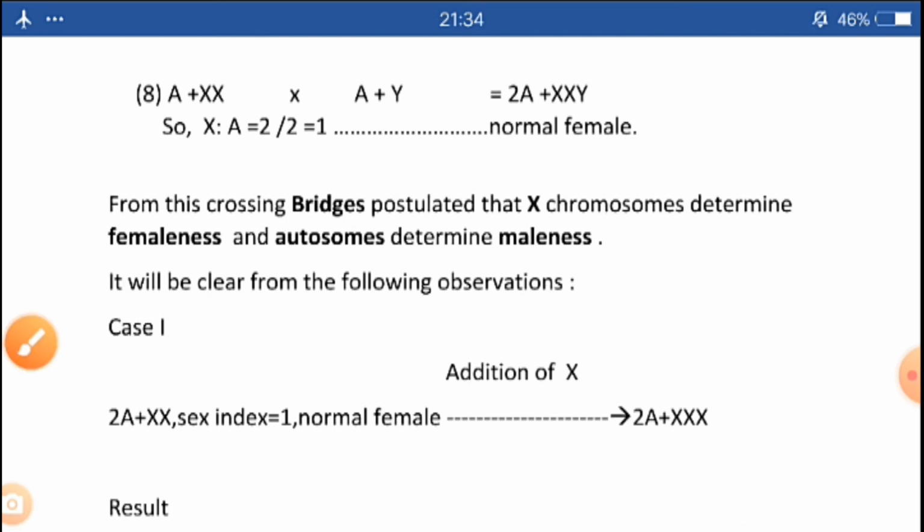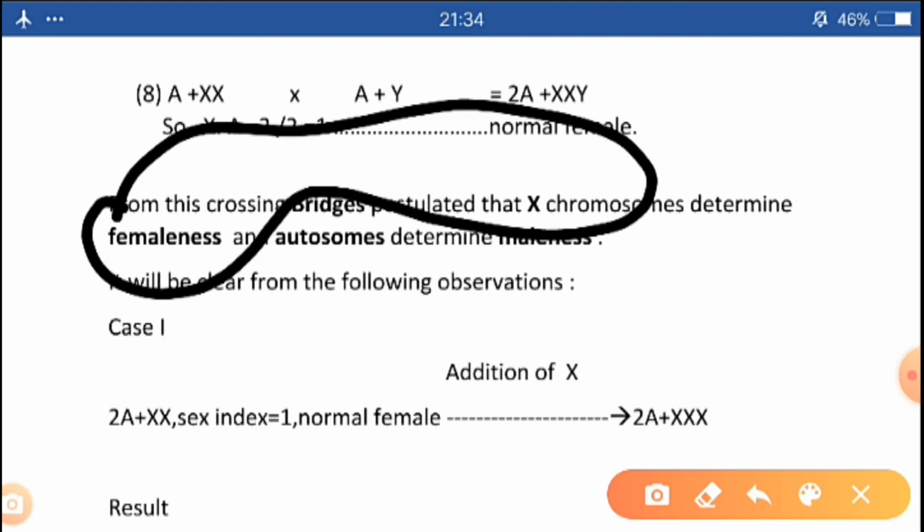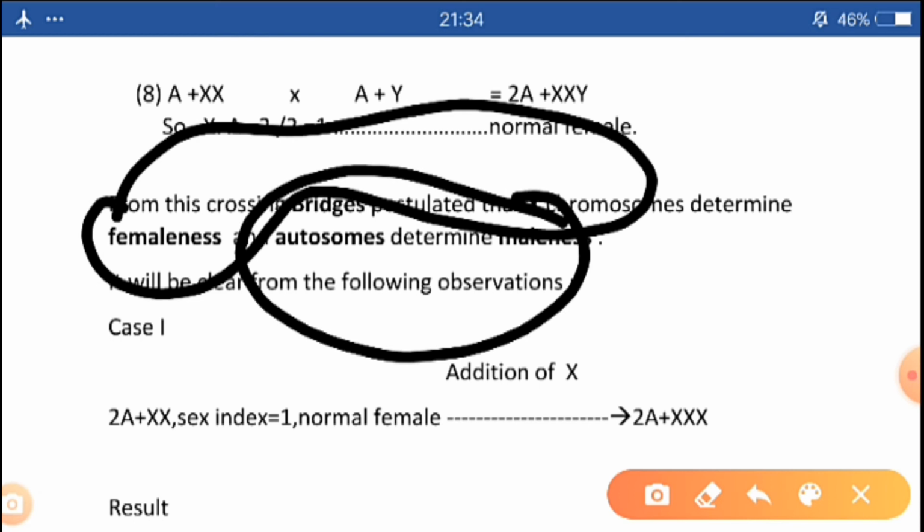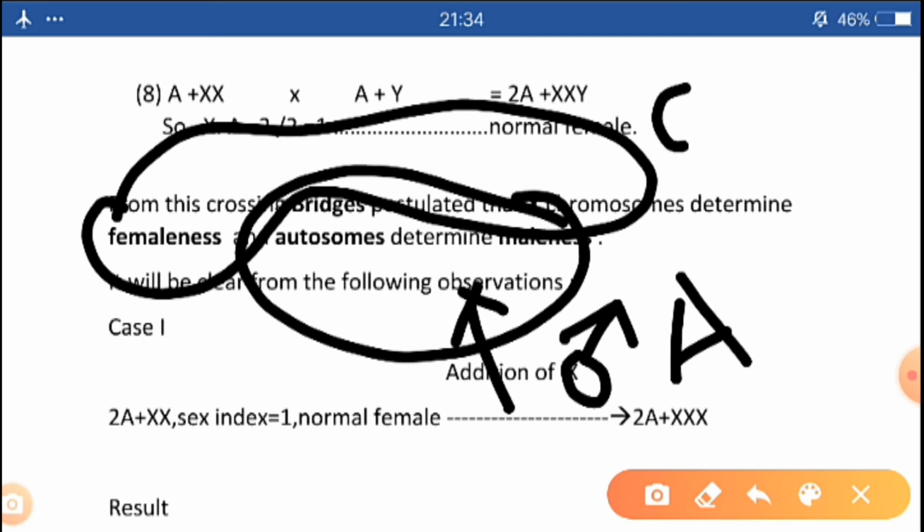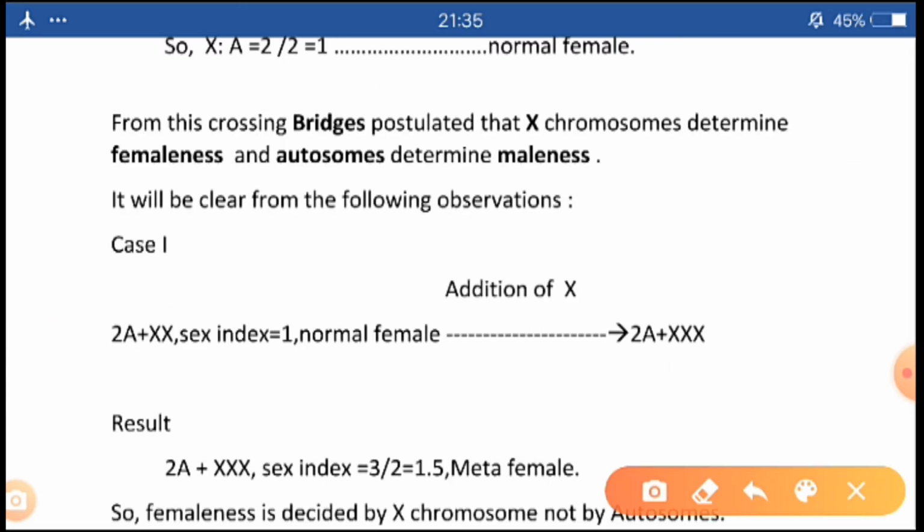Again, femaleness is determined by X chromosome and maleness is determined by autosomes. Okay, clear? Study these cases. Case number 1.